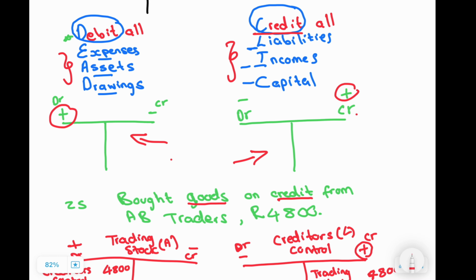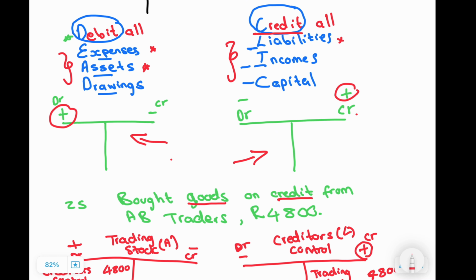The only thing you have to know is your expense accounts. For example, if you have to open a rent expense, you need to know that it falls under expenses. You need to know all your asset accounts so that you can identify that this is an asset account. For example, stock is an asset account. Petty cash, that's an asset account. Equipment, that's an asset account. And then drawings is an account on its own.